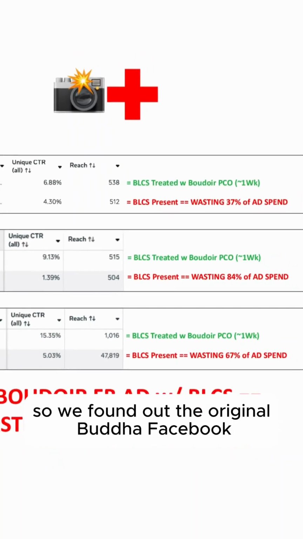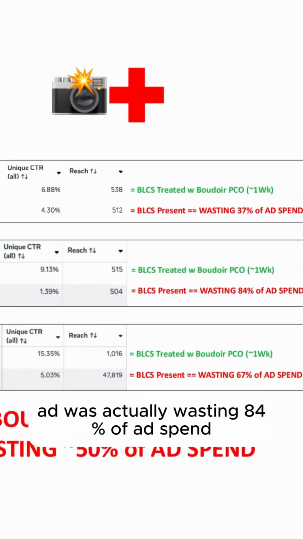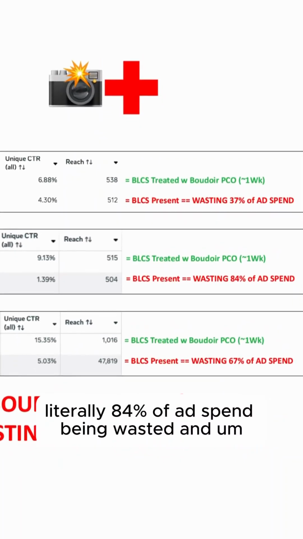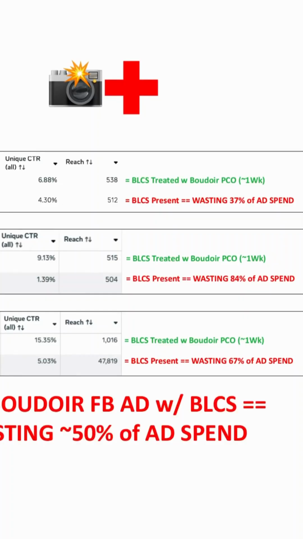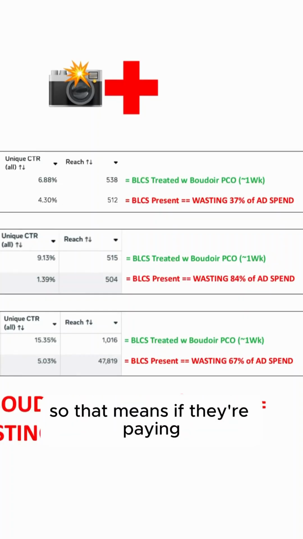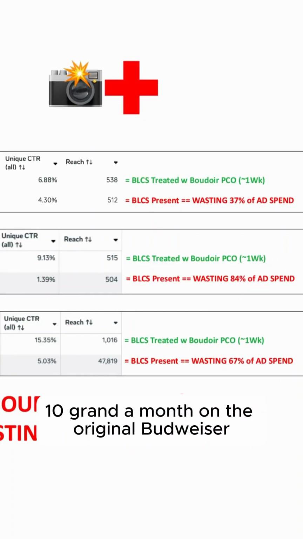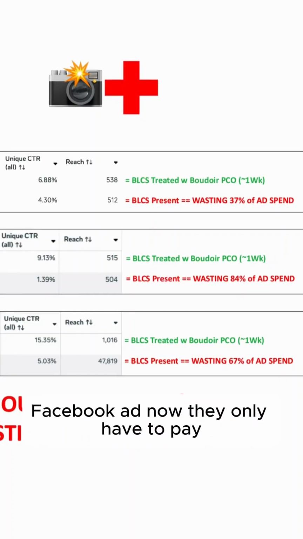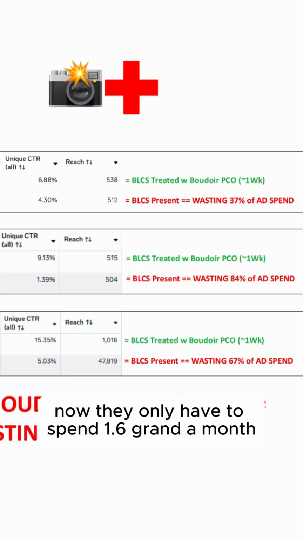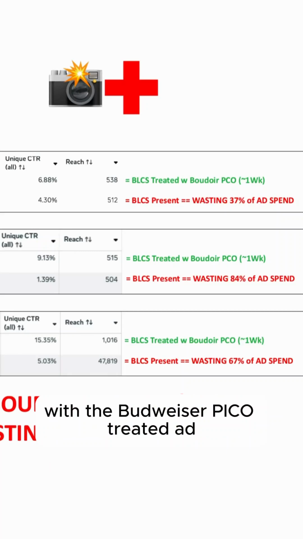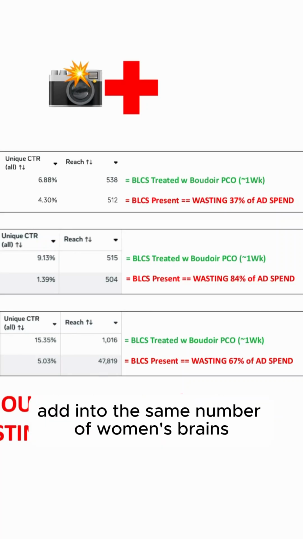So we found out the original Boudoir Facebook ad was actually wasting 84% of ad spend, literally 84% being wasted. That means if they're paying 10 grand a month on the original Boudoir Facebook ad, now they only have to pay 1.6 grand a month with the Boudoir Pico treated ad to get their ad into the same number of women's brains.